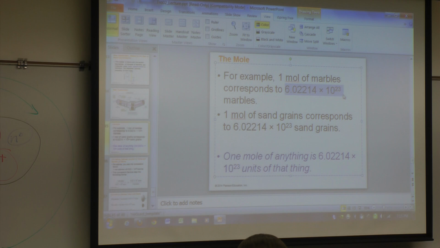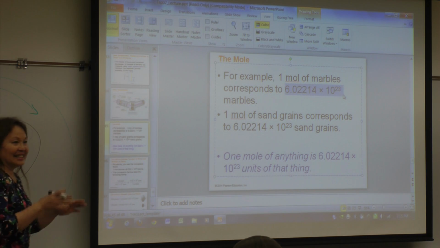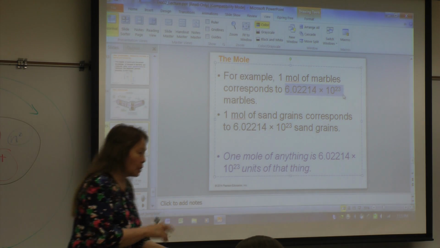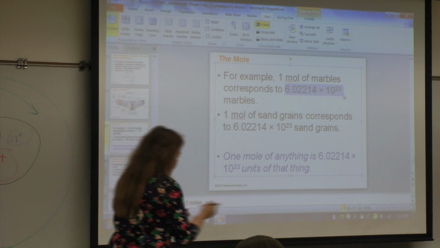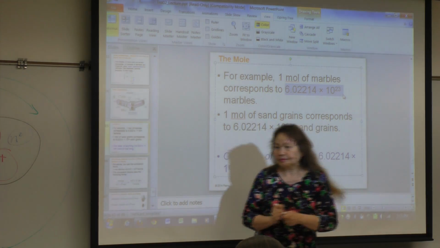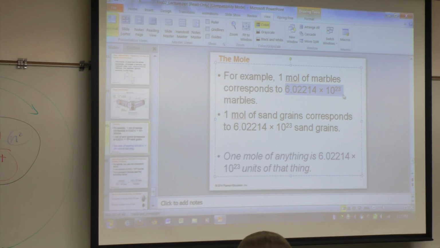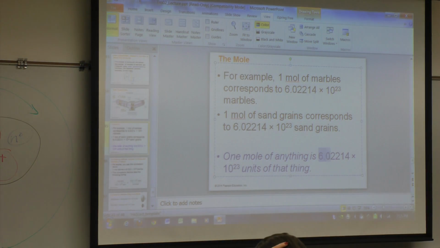What does it read here? And then 1 mole. In other words, to make it clear, 1 mole of anything is 6.022 times 10 to the 23rd units of that thing.